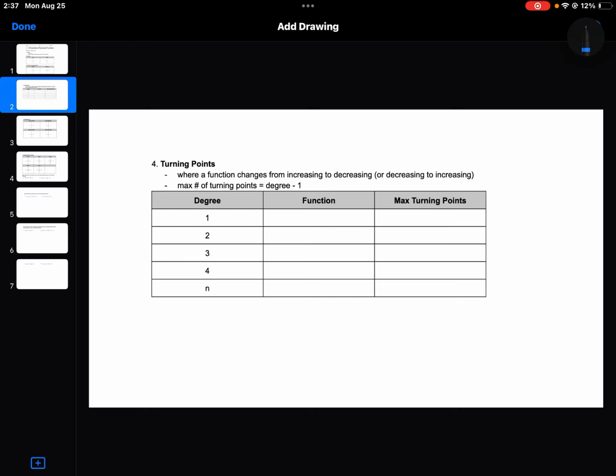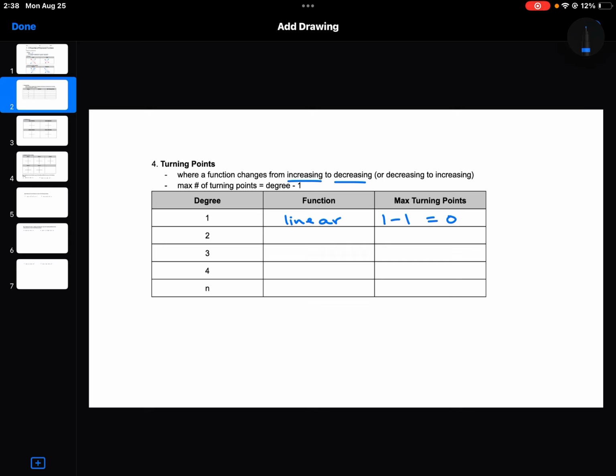The next characteristic is a turning point. This is where a function changes from increasing to decreasing or the other way around. The maximum number of turning points that you can have is the degree minus 1. So if you have a first degree function, this is a linear function, the maximum number of turning points would be your degree minus 1, which is 0, which makes sense.